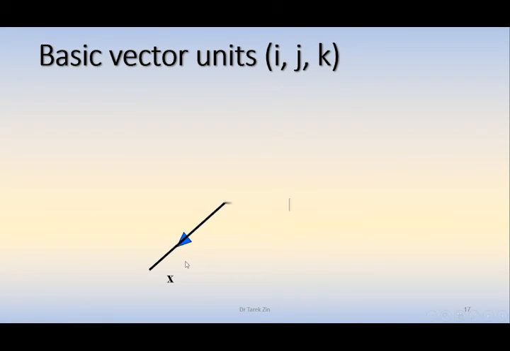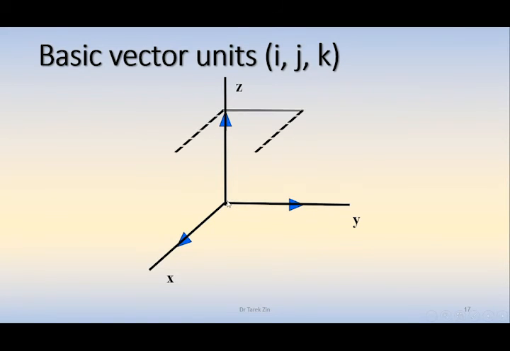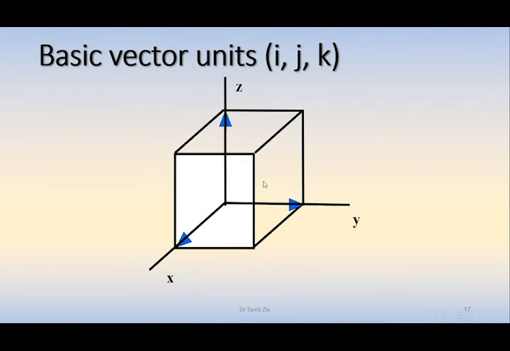If I have x, y and z and I want to represent a direction vector here, take this plane, parallel to xy, and this plane parallel to zy, then we have another plane here parallel to zx. So we have a cube then.